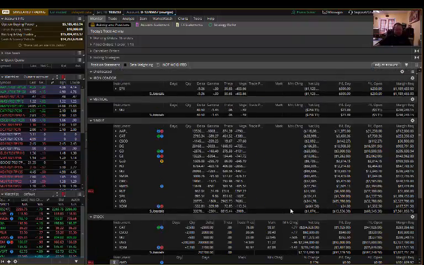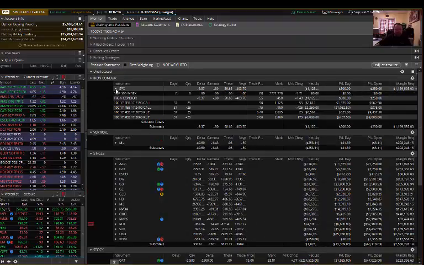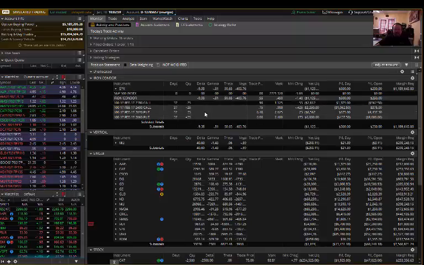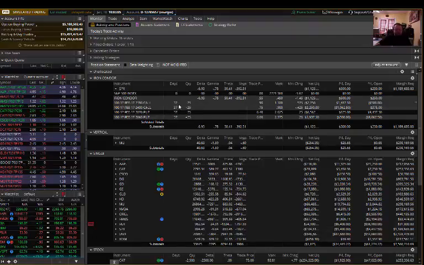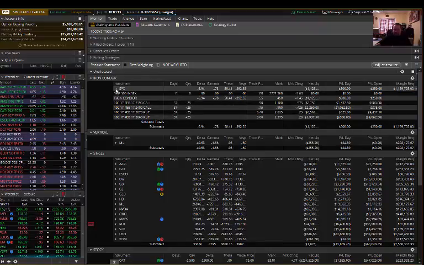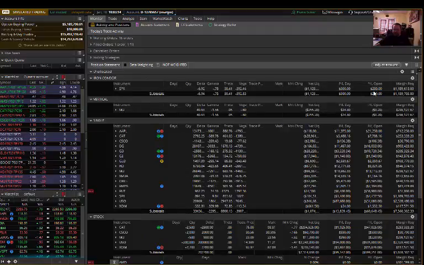But let's start up here at the top and look. This is a 10-point spread, which is $1,000, so this is $25,000 at stake here. We're up $250. Looks like we're moving in the right direction, so we'll leave that alone.